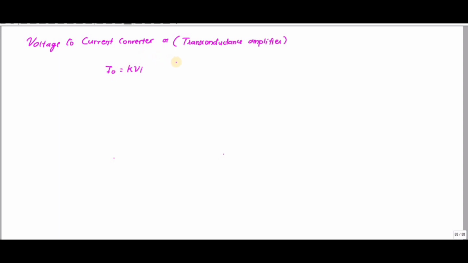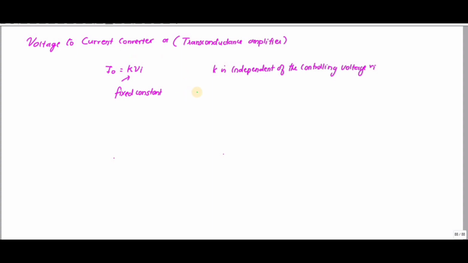Here K is a constant, and K is independent of the controlling voltage, the controlling voltage VA.